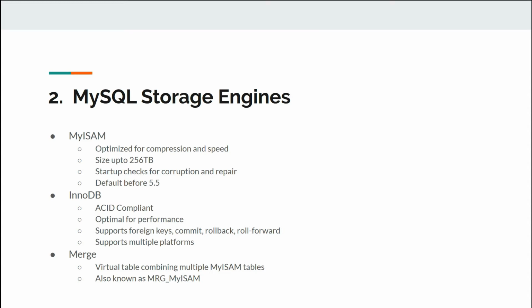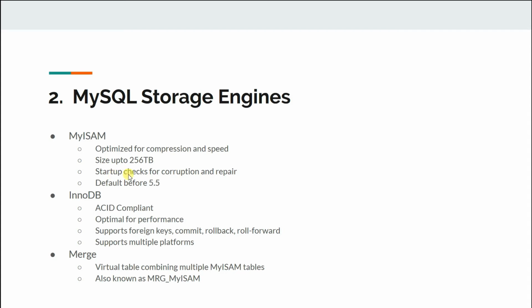But for now, for beginners, you don't have to go into depth, because you can do a lot of stuff without understanding these features, since the default these days is InnoDB. You might be able to do a lot of things without even knowing there is something called storage engines. But since we are here, I want to let you know what these are and what different features different storage engines have.